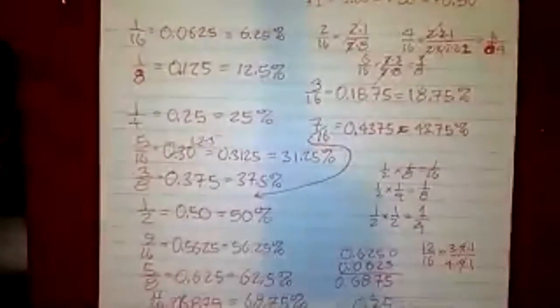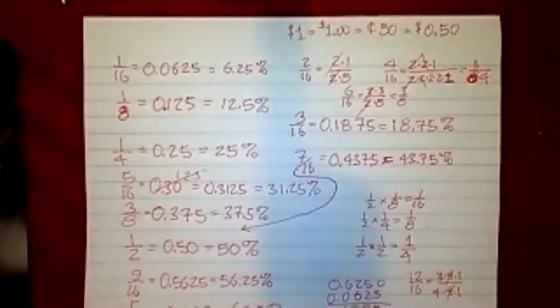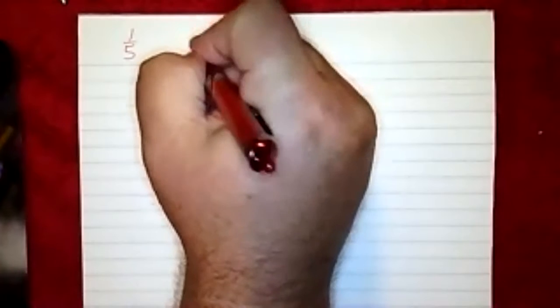Okay, that got you most of your fractions. Now there's a couple others that jump into play. One is 1/5. So let's start off with that. 1/5, let's think about $1 again. I happen to know what I want to break this up into, so I'm just going to break it up into dimes. That's going to be 1, 2, 3, 4, 5, 6, 7, 8, 9, 10.